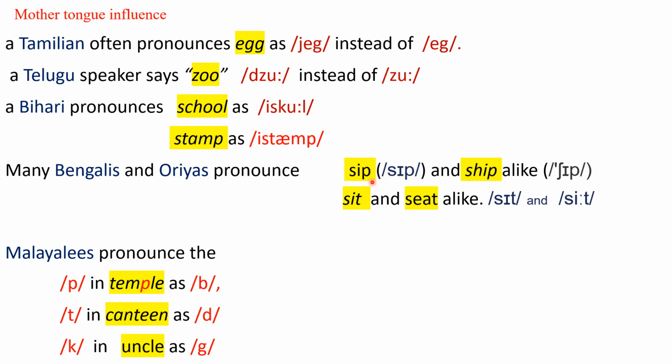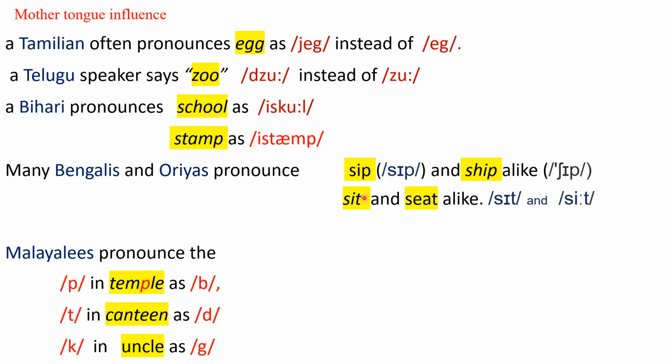But actually they are sip and ship. This is the s consonant, and this is the sh consonant. Ship, like shun, shed, shine. And this is sip, like the consonant sound in sin, sit.